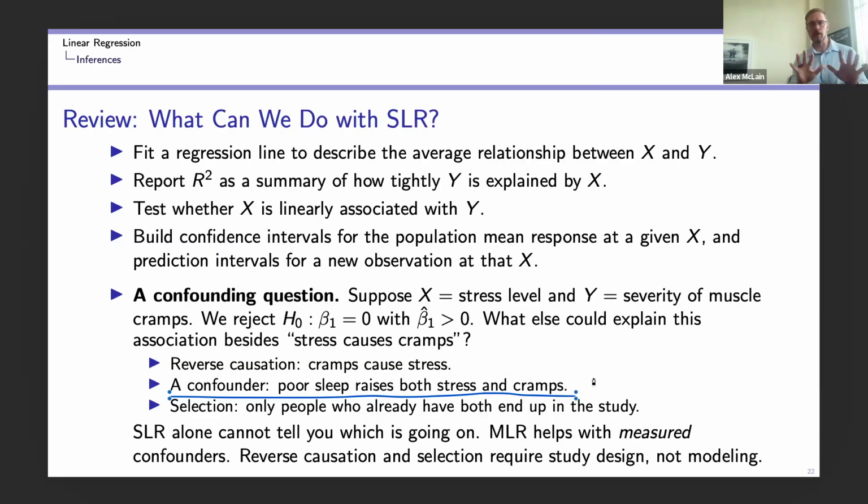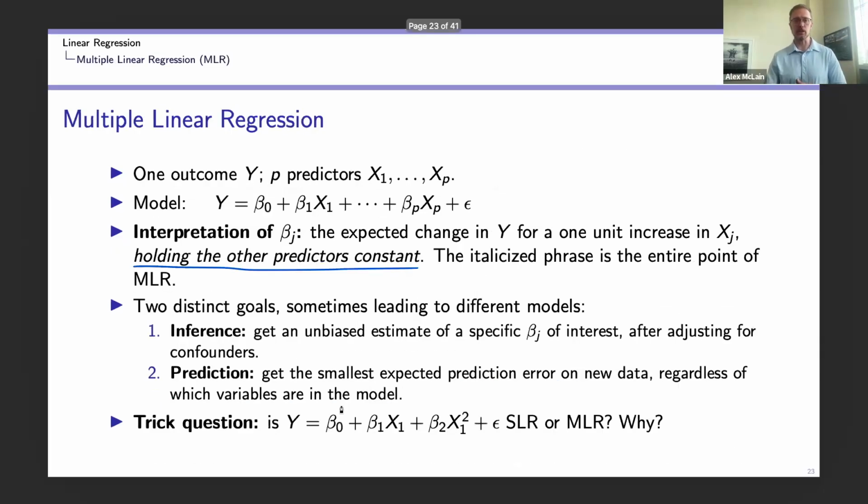It's like we're comparing two individuals that have the same value for sleep, with a 1 unit difference in the stress variable. What's the relationship here? This helps us address the confounder part of the regression issue that we had. Multiple linear regression does this well.